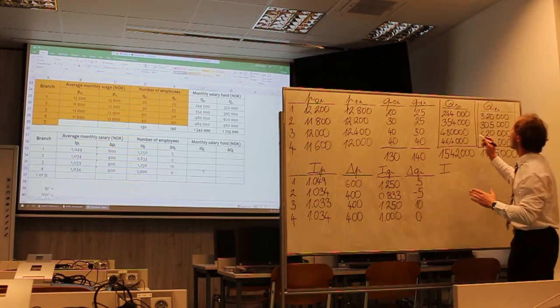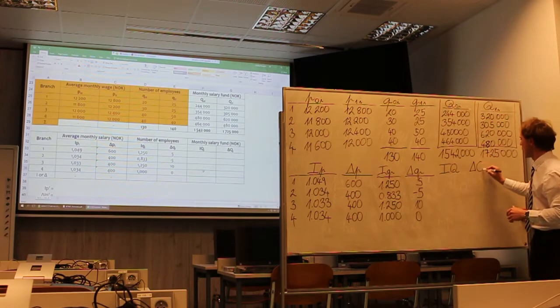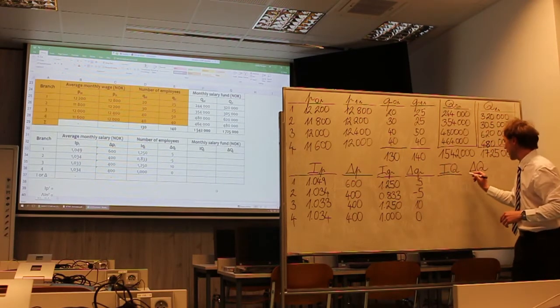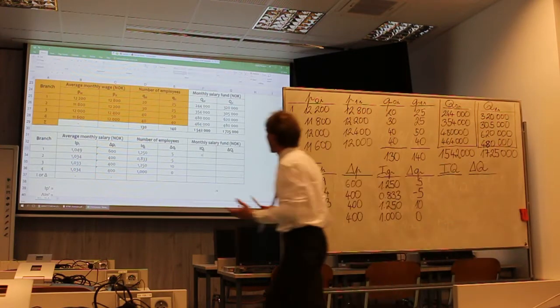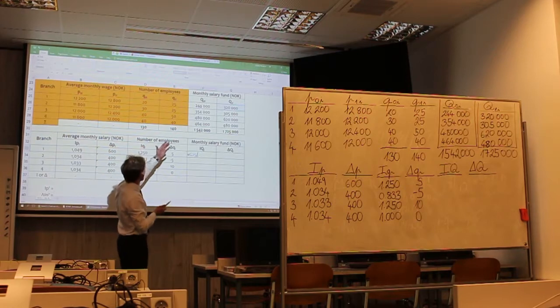Individual index for sum of money and difference for sum of money. So again, we can calculate the ratios, 4 ratios.